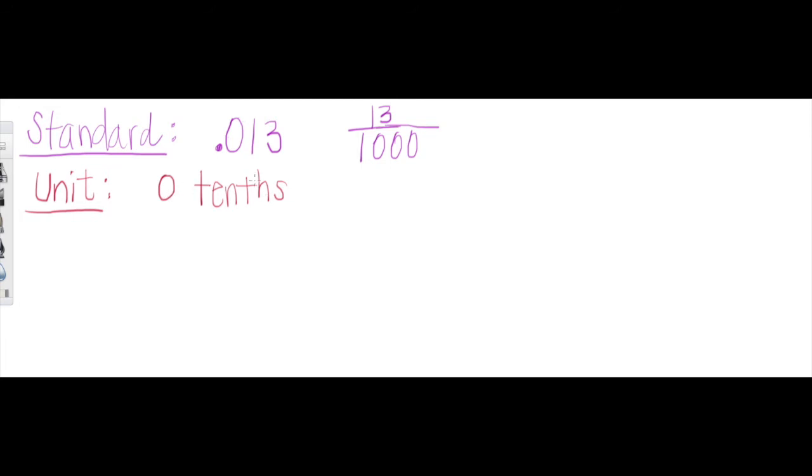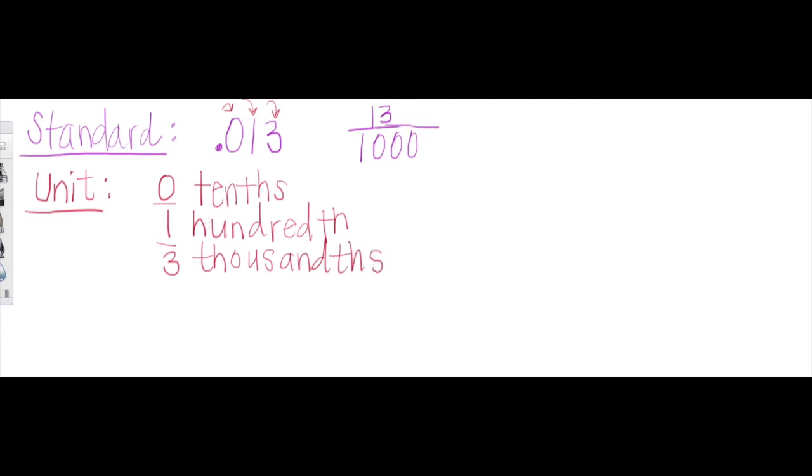But if we did not write 0 tenths, mathematicians would know that we don't have any tenths there. We do, however, have 1 hundredth. So as you guys can see, I'm just looking at each place value and noting how many copies of each place value we have. We have 0 tenths, we have 1 hundredth, and then we have 3 thousandths. So that is our unit form.